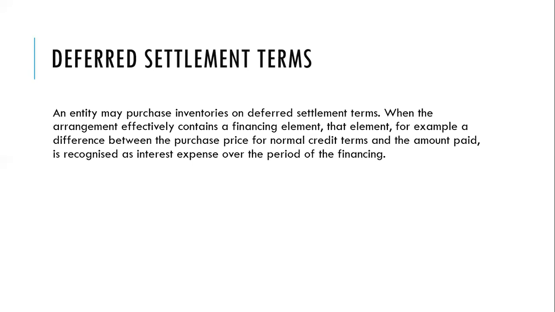So if you are buying an asset on credit, an inventory on credit, and because of the credit terms, an additional amount is being added to your purchase price, you have to separate the purchase price from the interest expense and treat them differently.